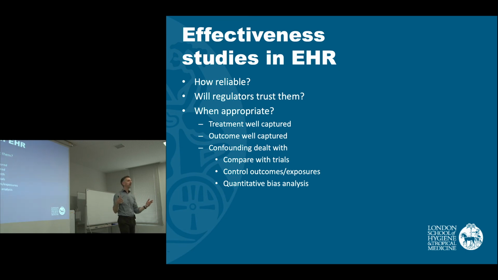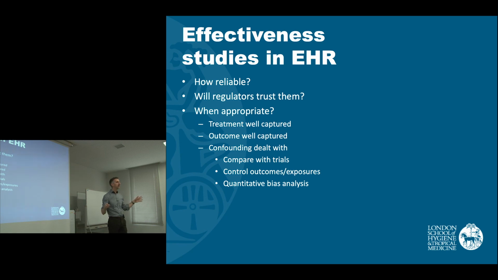And then the last thing we can do is something called quantitative bias analysis, where we take our results that we generate within the observational data and we ask the question of, if there was a confounder that we were missing, or a series of confounders that we miss, how strong would they need to be to explain away the result that we have? And if the answer is, well, if you'd have just had slightly better control for confounding, you would have had a null result, then I won't believe my results very well.